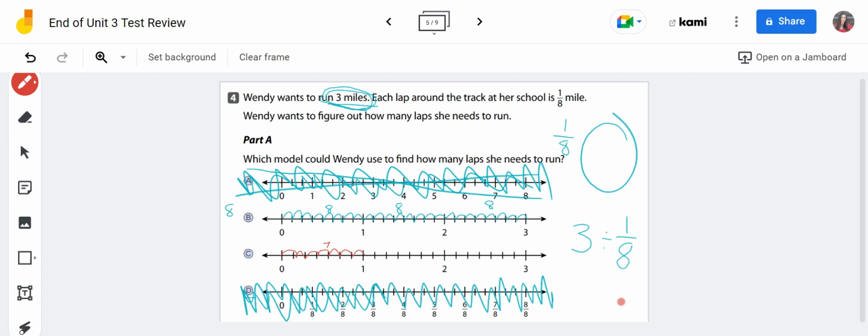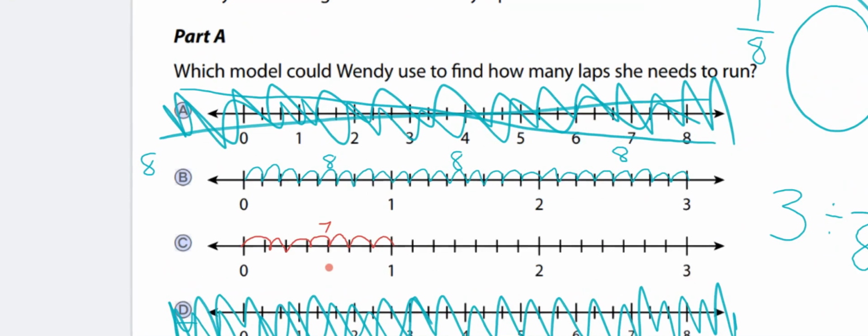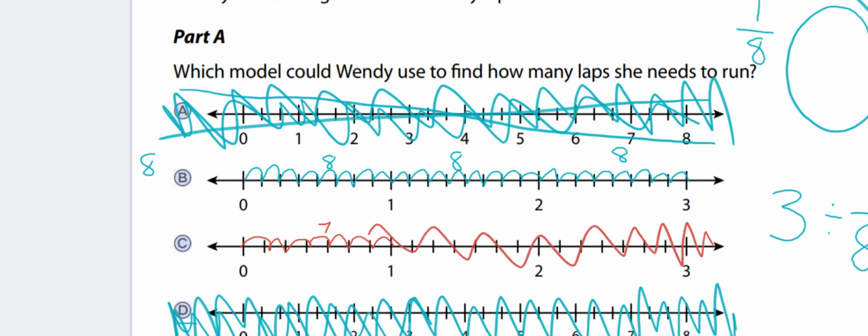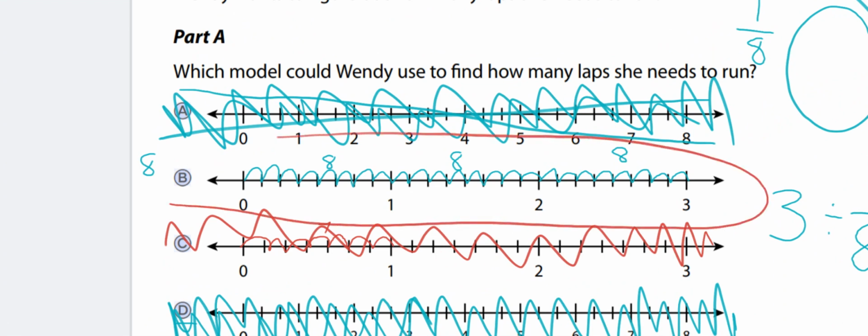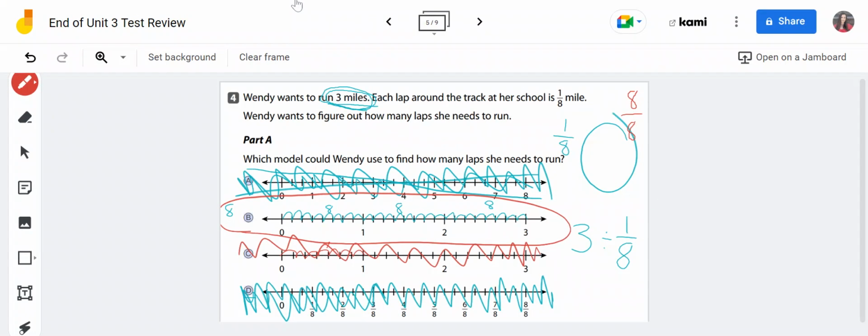No, it is 1/8, because I would need to go 8 times around, an eighth plus an eighth plus an eighth plus an eighth plus an eighth plus an eighth plus an eighth plus an eighth, 8 times in order to make a whole, or 8/8. It would not be 7. So I can cross this one out. The only one that shows 3 whole miles and is split into eighths would be option B.